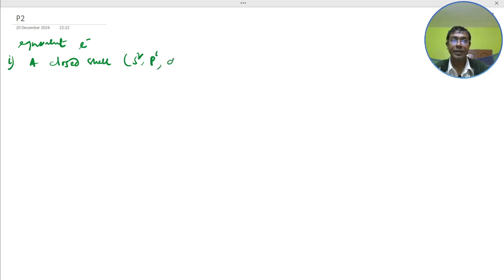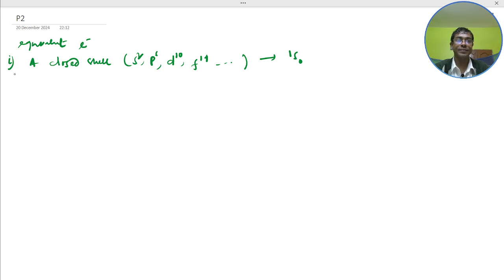For equivalent electrons, the spectroscopic term, so first one, a closed shell. For a closed shell like s2, p6, d10, full-filled f14, this is written as 1S0, term always of this form.